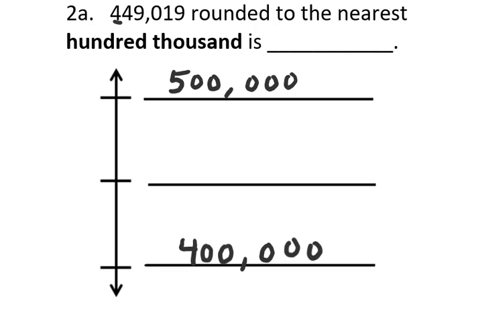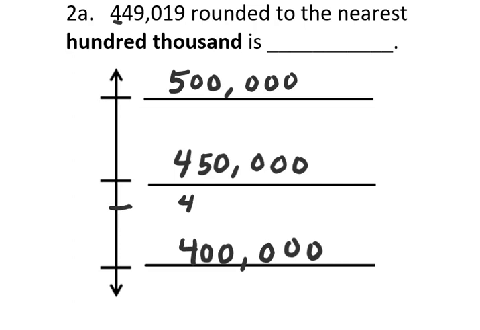Now I need to find the midpoint between 400,000 and 500,000. Since half of 100,000 is 50,000, I know my midpoint will then be 450,000. Now I'll plot my original number on the number line. Well, 449,000 would come below 450,000.